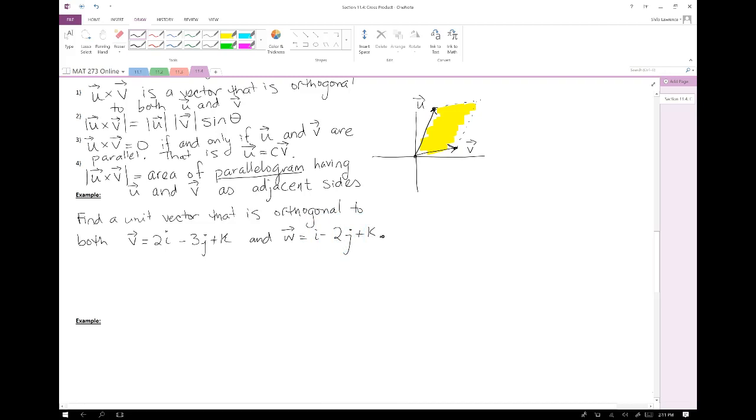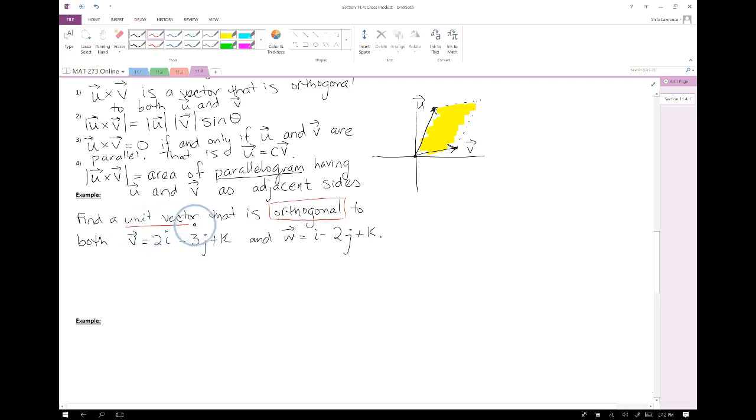So there's several things we're being asked to do here. We're being asked to find a unit vector that is orthogonal. Anytime you need a vector that is orthogonal or normal or perpendicular, you should think cross product. Every time you see this word in a problem using vectors, we should think of cross product.